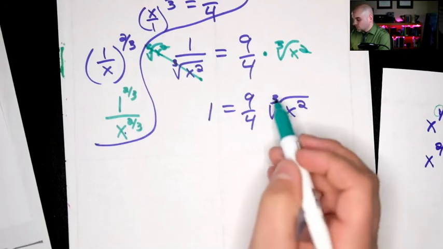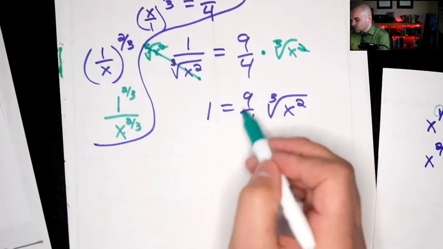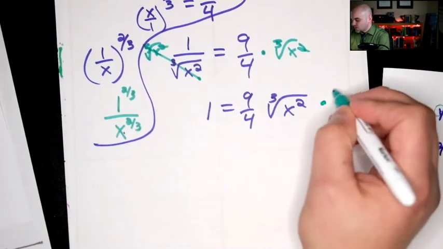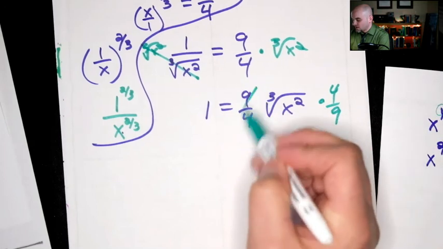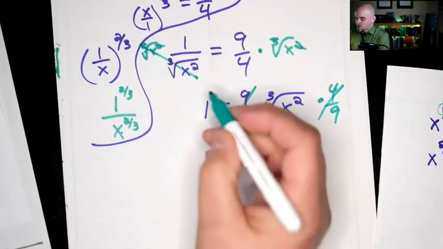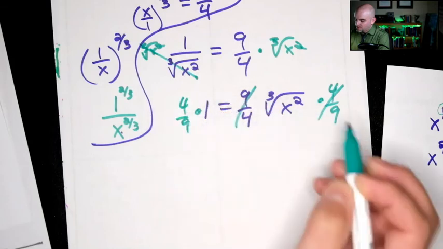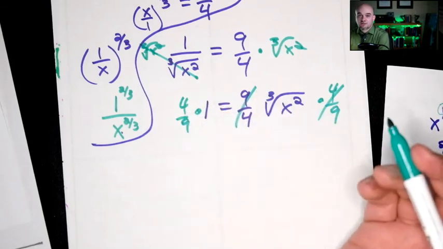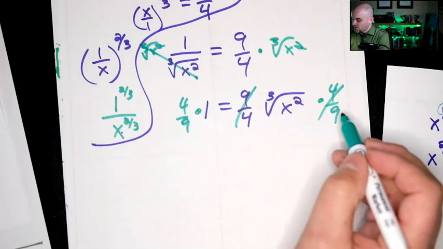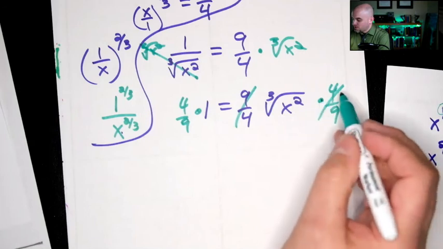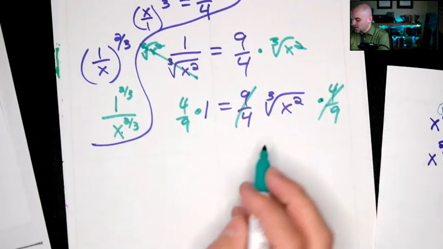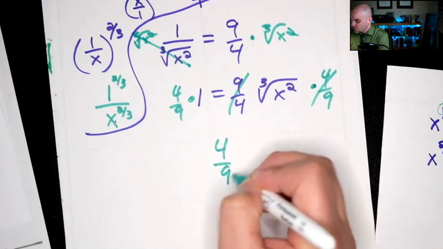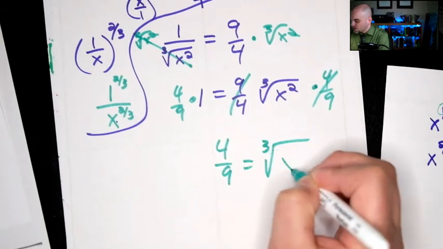And then I can multiply both sides by the reciprocal to get rid of this 9/4. If I multiply this side by 4/9, it cancels that out. But you also have to do it to this side. If you want to look at it as dividing by 9/4, that's fine. Remember, dividing by a fraction is the same thing as keep, switch, flip. So it's like multiplying by 4/9. So 4/9 equals the cubic root of x squared.